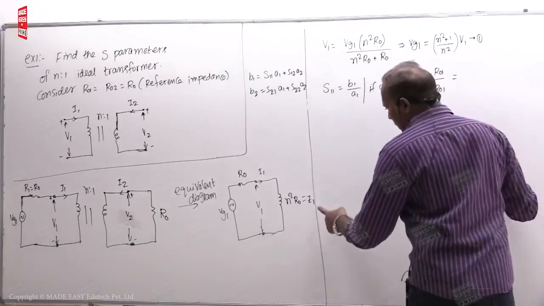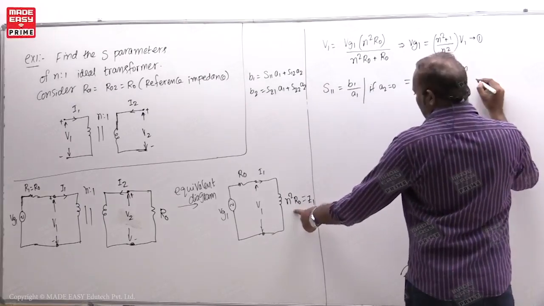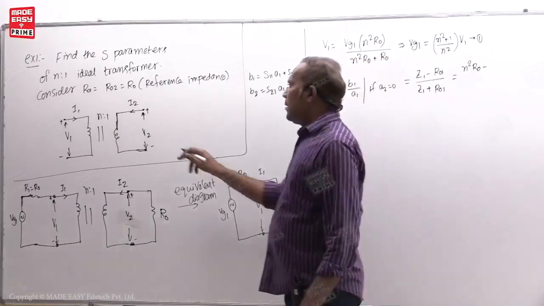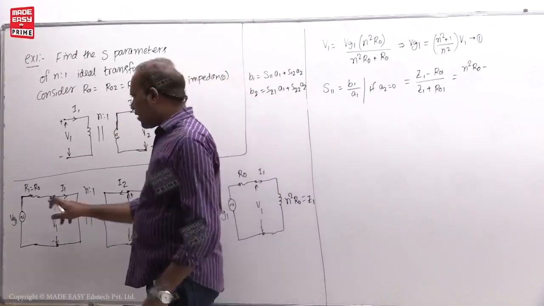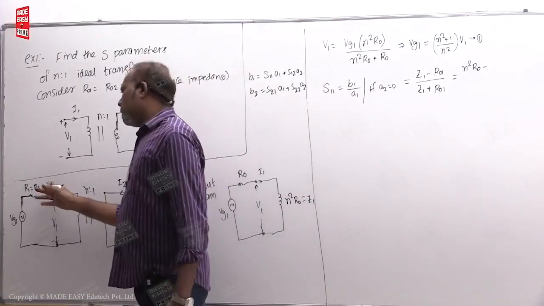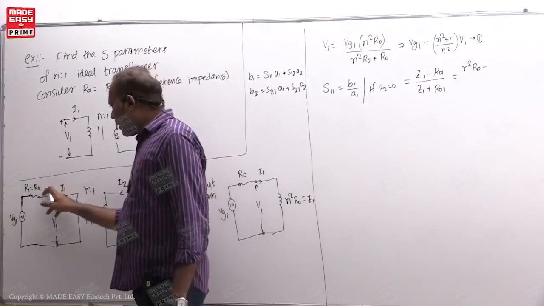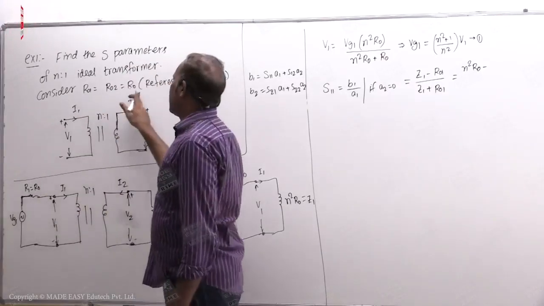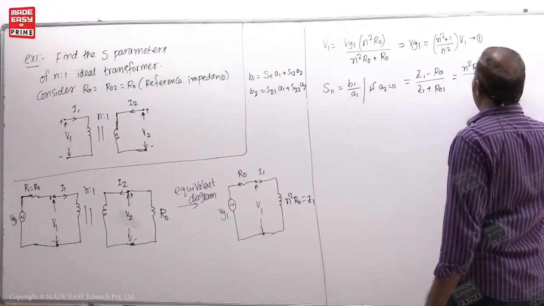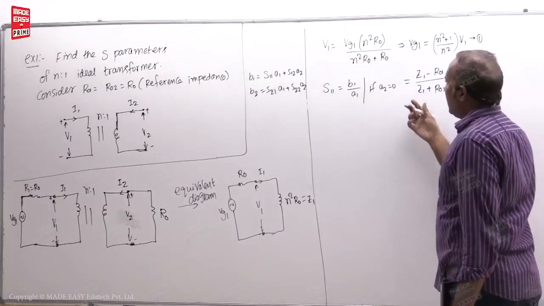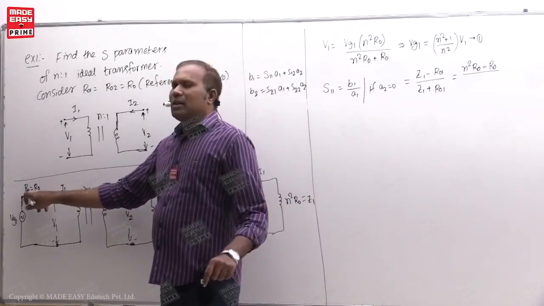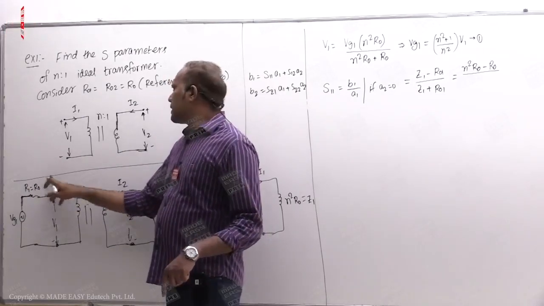Now what is Z1 here? Z1 is nothing but n square R0, and R01 is already R0. Here we have connected R1 equal to R01 only, and R01 is given as R0. While telling this definition, have you seen that I have connected the terminating impedance R1 equal to R01, but R01 is given as R0 here.